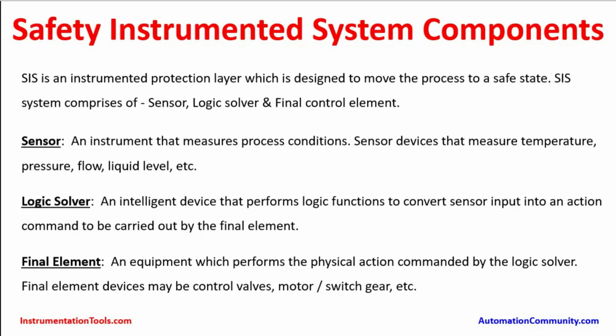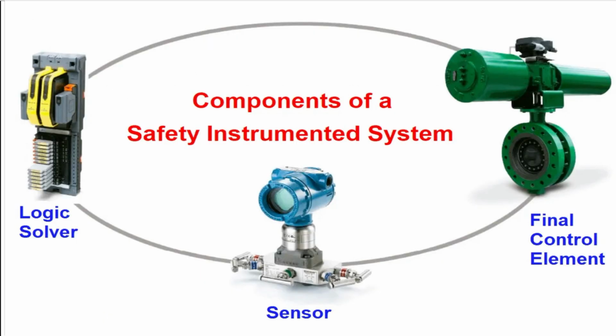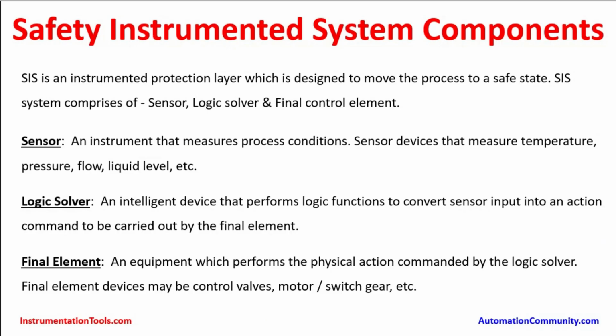Okay, safety instrumented system components. SIS is an instrumented protection layer designed to move the process to the safe state. The SIS comprises a sensor, a logic solver and final control elements. We have seen this in earlier presentations also, and we are just refreshing it to make it clearer for the participants.